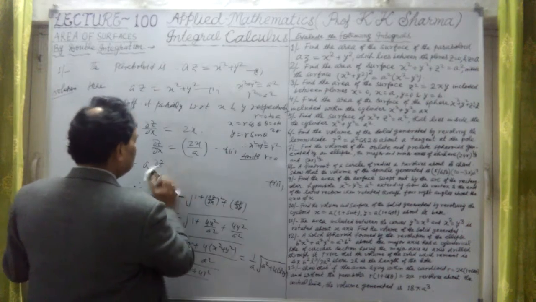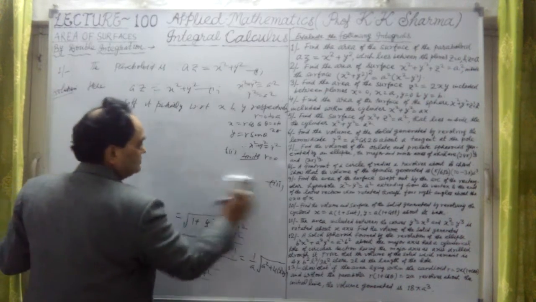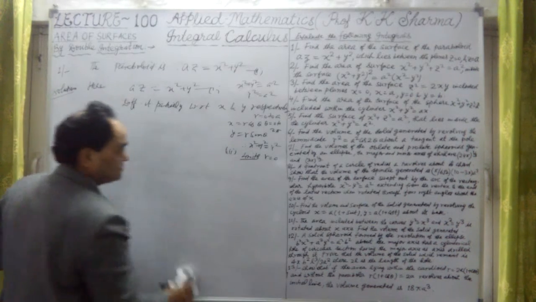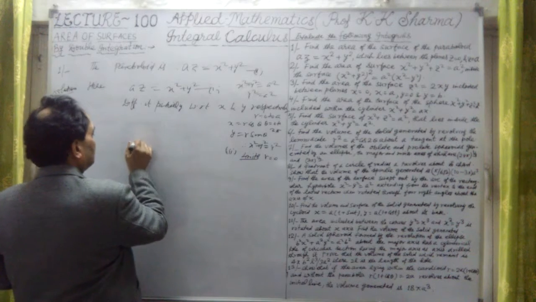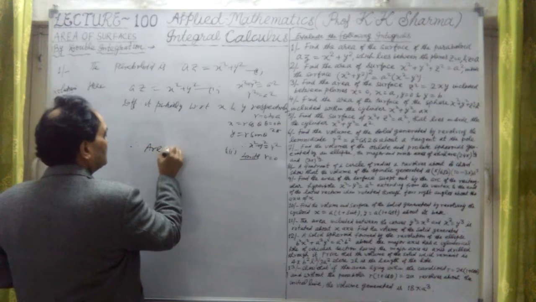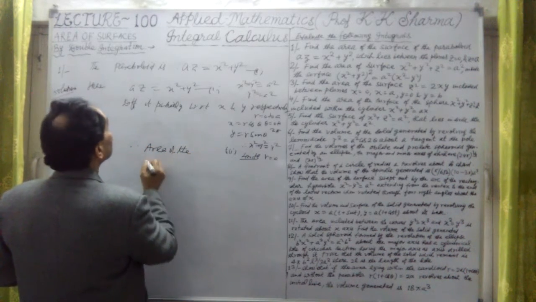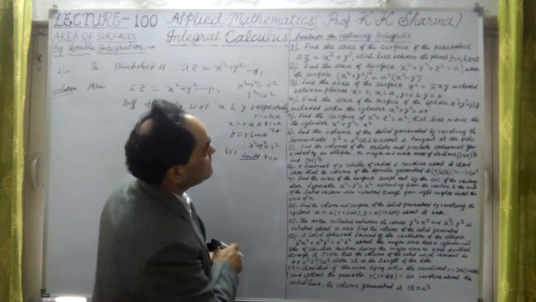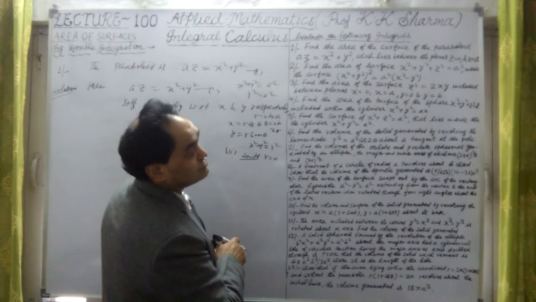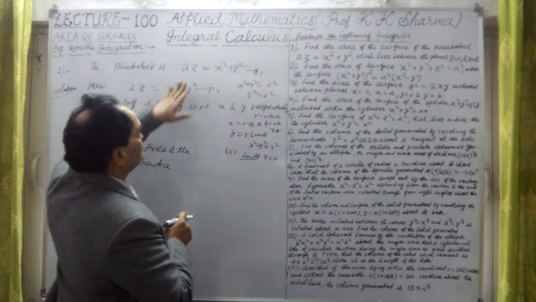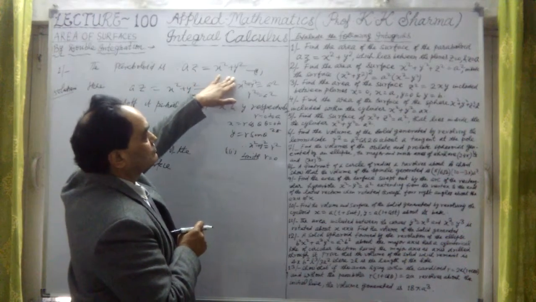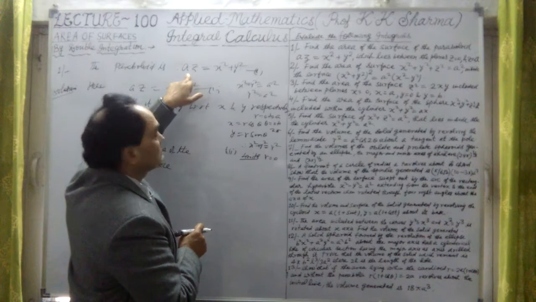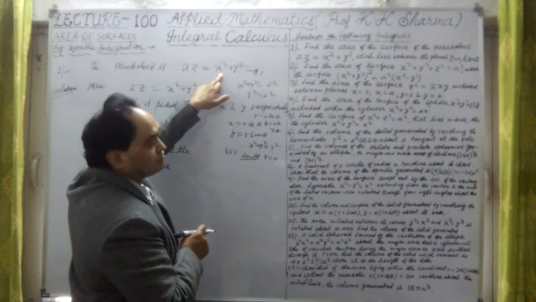Now if I substitute this formula, therefore the area of the surface, we have to find the area of the surface lying between z equal to 0 and z equal to a. If I substitute z equal to 0, that means r equal to 0, and if z equal to a, then a square equals r square, or r equals a.